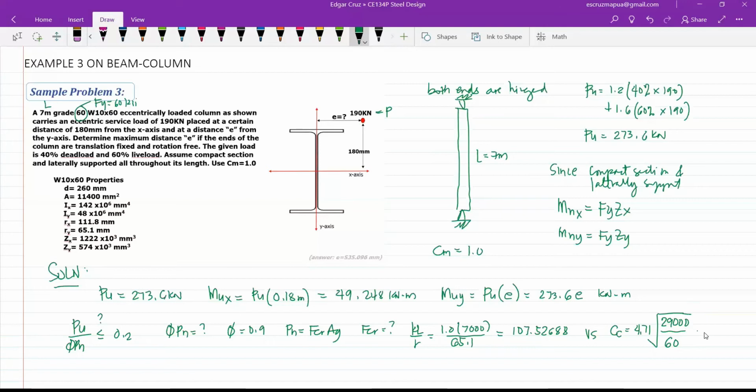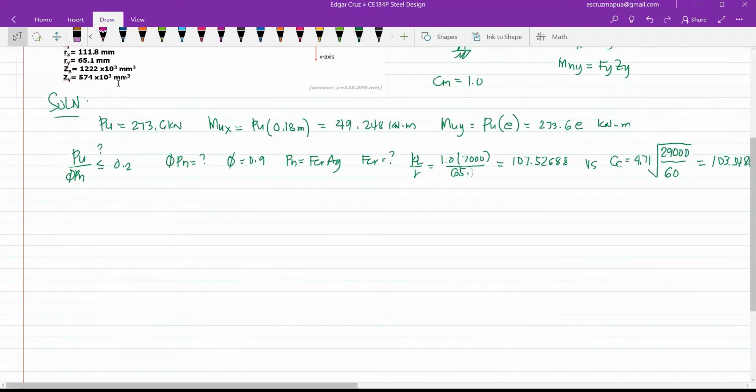So cancel lang yan. So C sub C is ratio, and that gives us 103.5486. So therefore, since our KL over R 107 is greater than C sub C, therefore we have a long column.